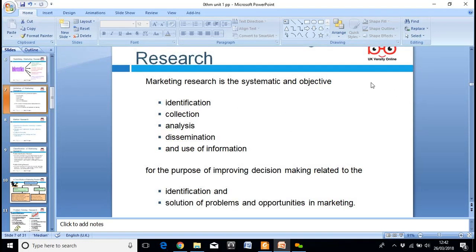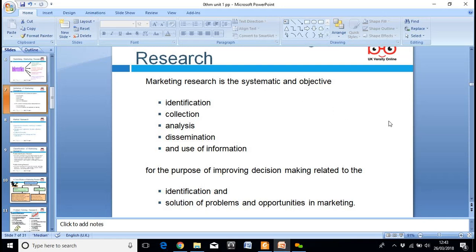So research is a systematic and objective identification, collection of information, an analysis of that information, and the dissemination of that information and putting it into use. So research questions start off with an issue that needs to be solved. That's your identification.